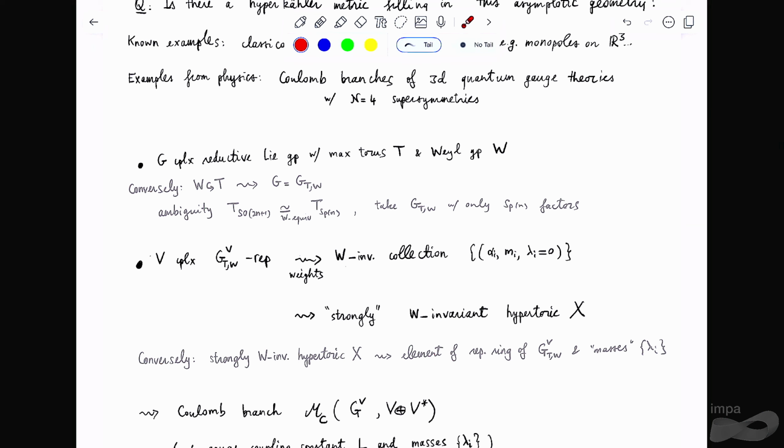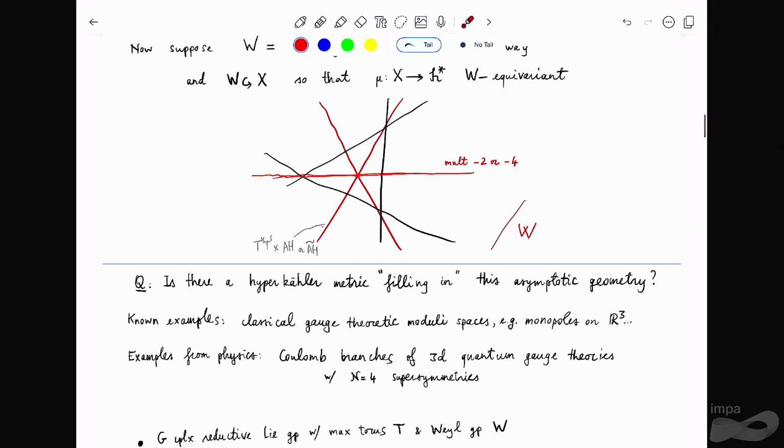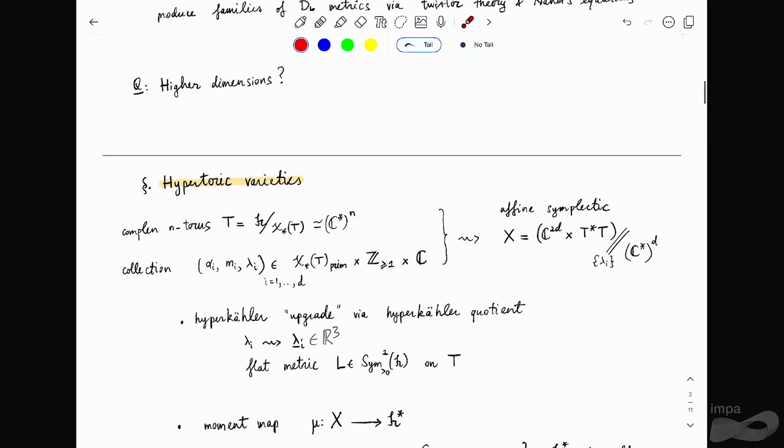We say it's strongly W-invariant, meaning that in the complex symplectic construction, the group W doesn't just act on X, it actually acts on the whole complex symplectic construction. So it acts on the flat hyperkähler manifold and on (C^*)^D in such a way that the whole construction becomes W-equivariant.